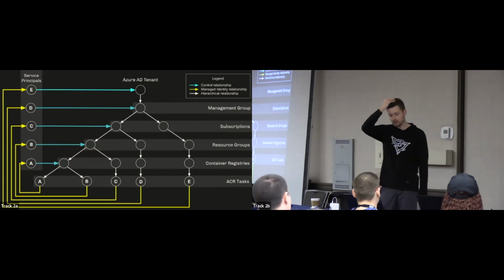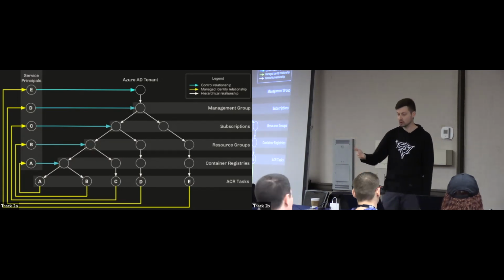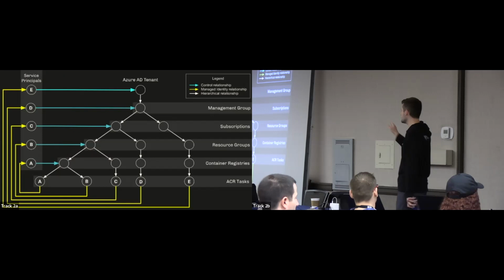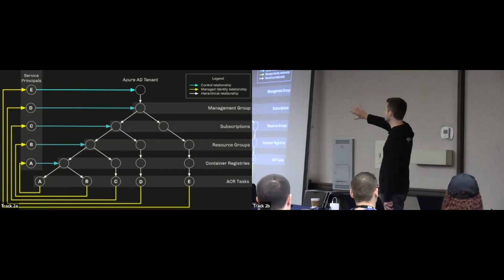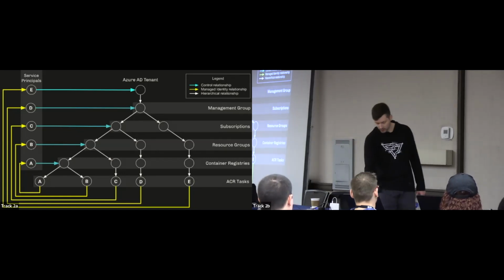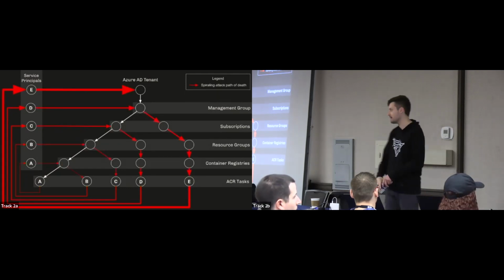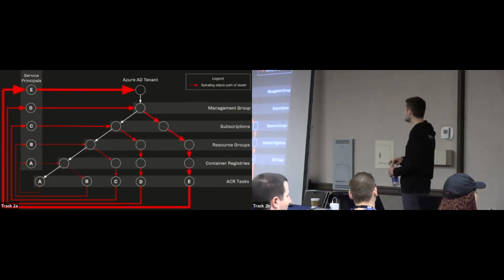But given certain configurations, which emerge all the time, this environment can change from a collection of discrete control relationships, managed identity assignments, and hierarchy, and it can turn into a spiraling attack path of death. So this can get very, very, very bad.